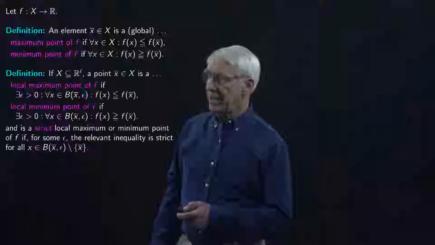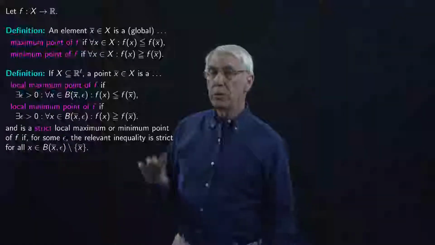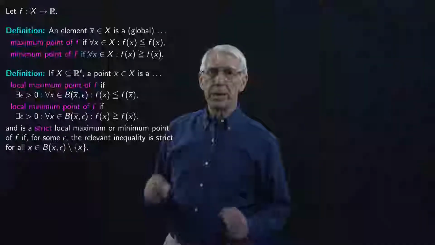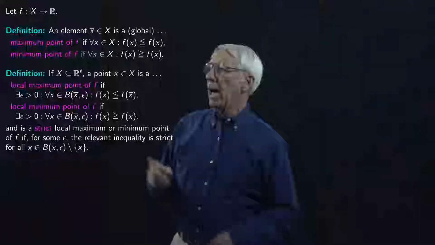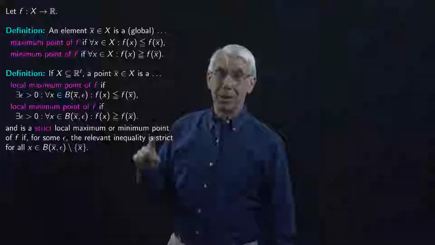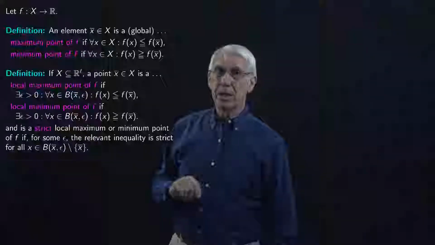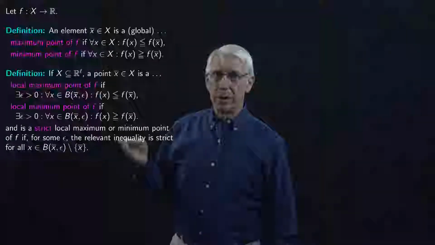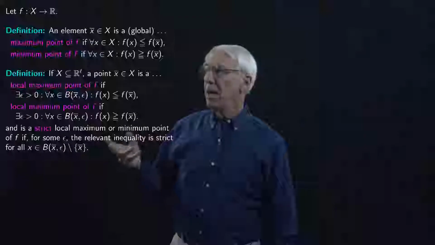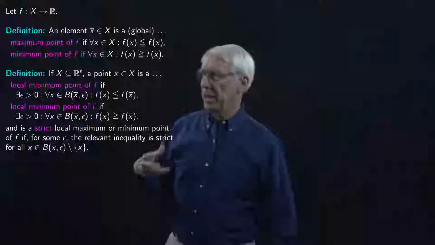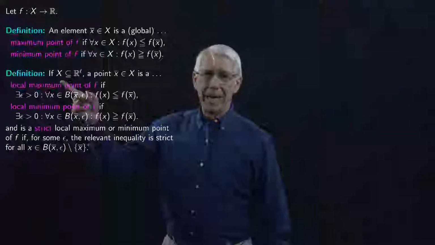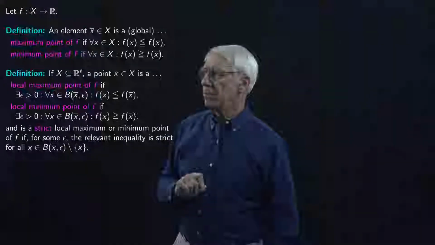But for our next definition, and for really everything that we're going to do in today's lecture, we're actually going to be in Euclidean space. I started off by saying the domain of f, the set X, doesn't have to be in Euclidean space, but for everything we're going to do today, the domain is going to be in Euclidean space.